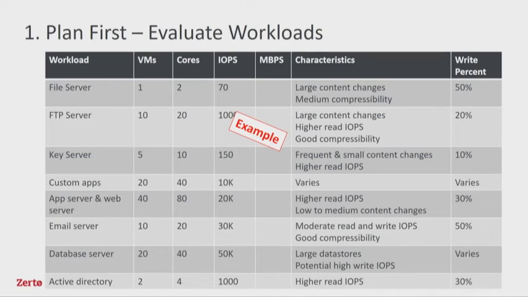Oftentimes, if you're a cloud service provider, you're dealing with your own customers, they don't know a lot about the workloads. If you say, tell me what your read-write ratio is, they might not know. A lot of times IT is the last person that knows what's going on with the workload. So you can use vCenter tools. We cover this in our installation guide for doing regular sizing. vCenter is often a good way to figure out peak IOPS and also get a feel for the read-write ratio.